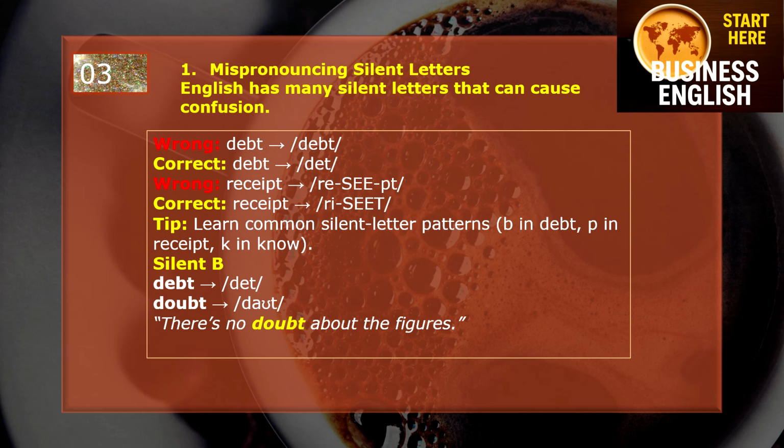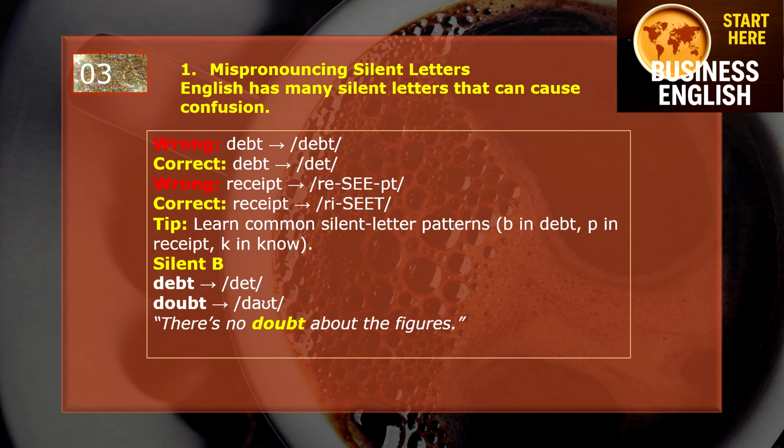And then there is another word, receipt. Many people say it wrong, but the correct one is receipt. The tip here is learn common silent letter patterns like B in debt, P in receipt, K in no.